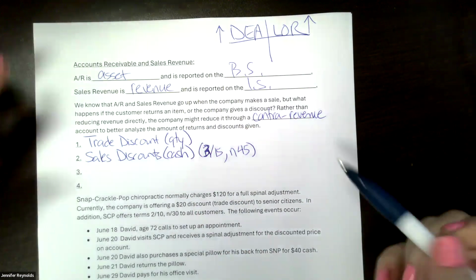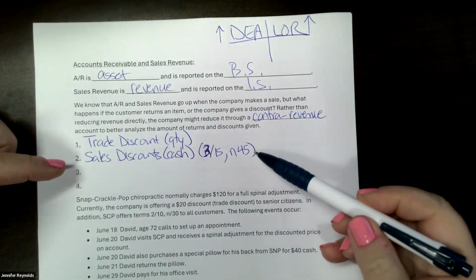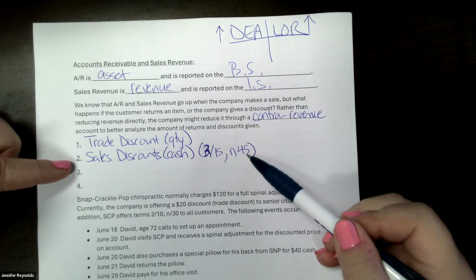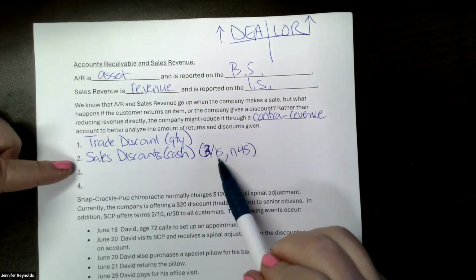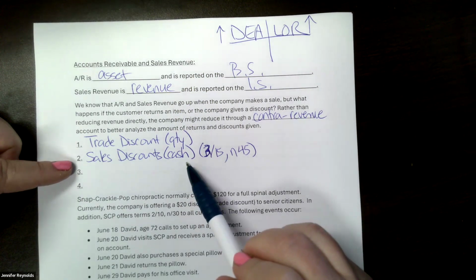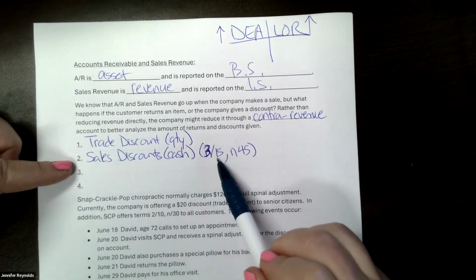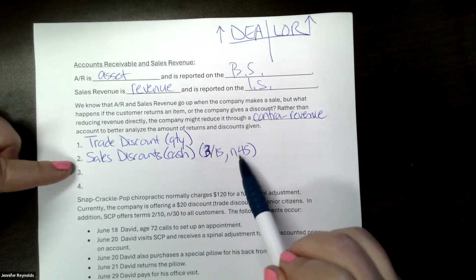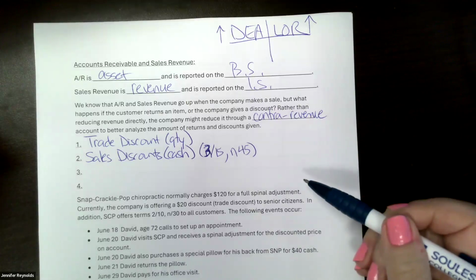What does that mean? It means that we sold some stuff to a customer on account and we've told them, look, you've got 45 days to pay us back. But if you pay us back in 15 days, we will give you a 3% discount. So that is enticing that customer to pay us back faster than the 45 days. But if not, then the net amount is just due in the regular 45 days.